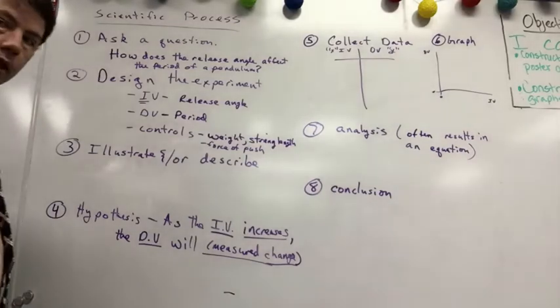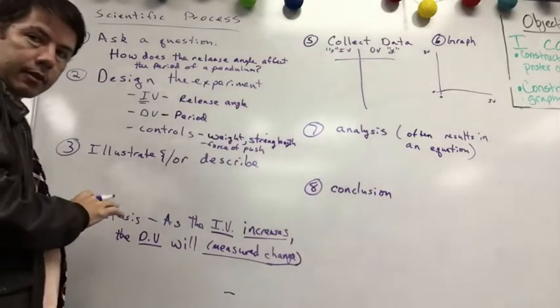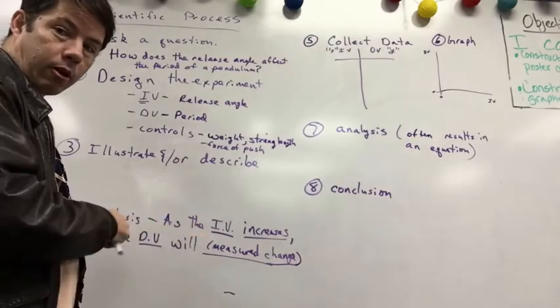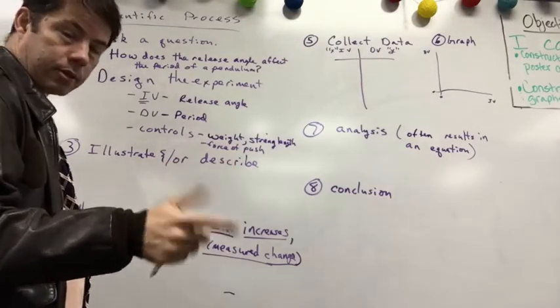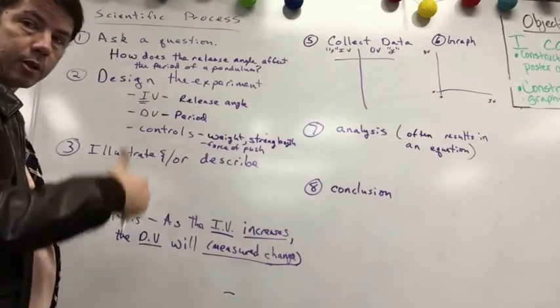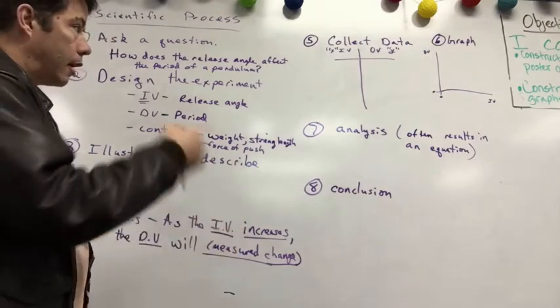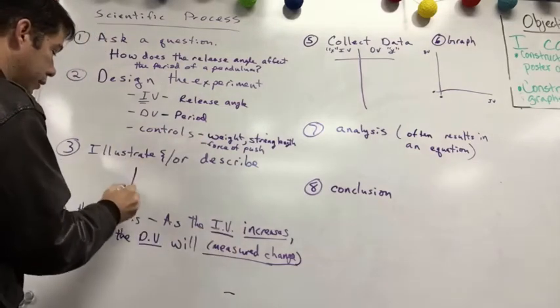The next thing we do in physics, and this is non-negotiable, is you always put the units with numbers. You will always illustrate when we're dealing with experiments and word problems. For a pendulum, let's draw it.